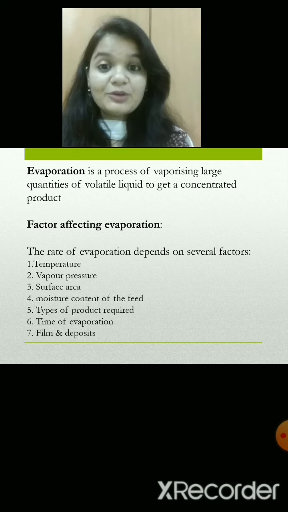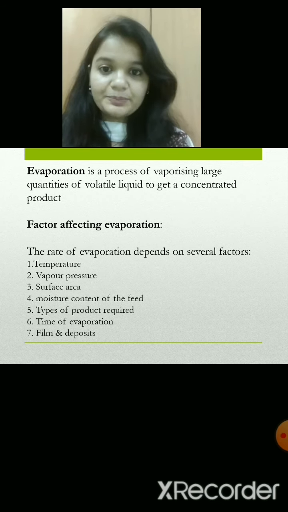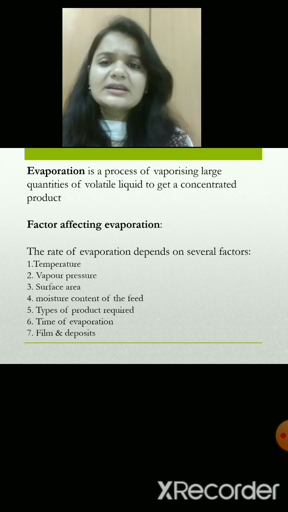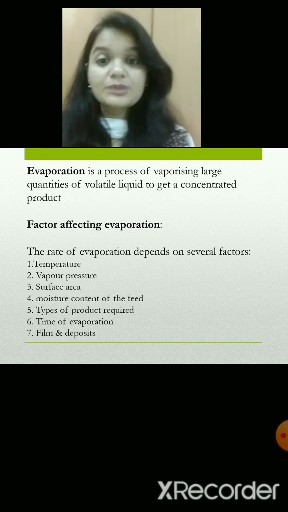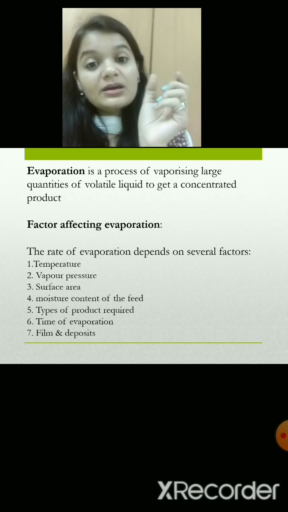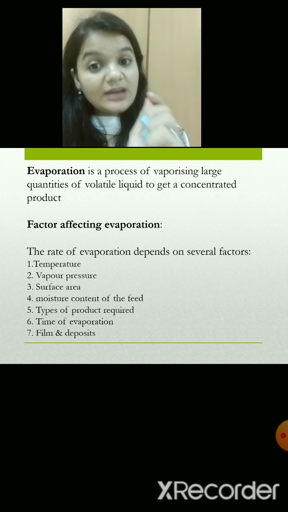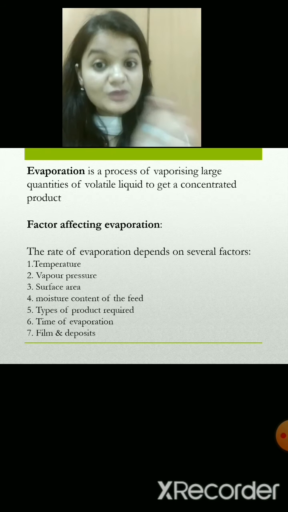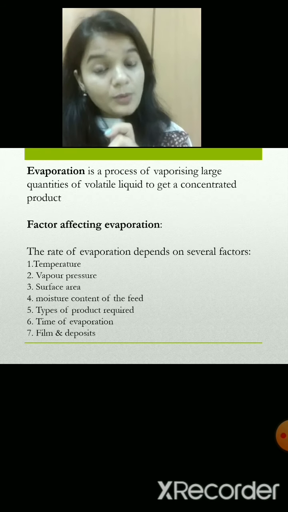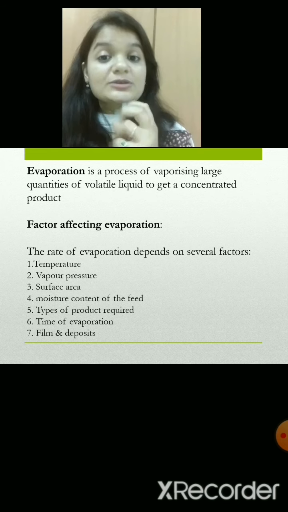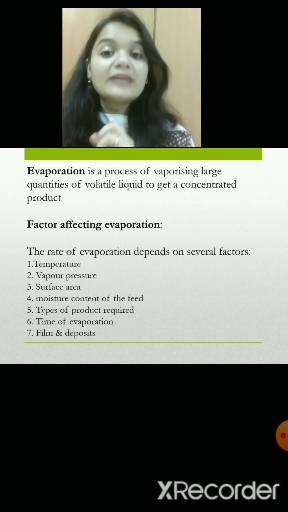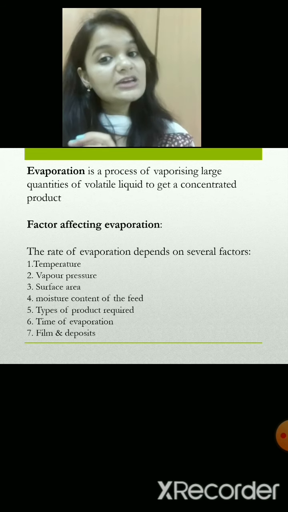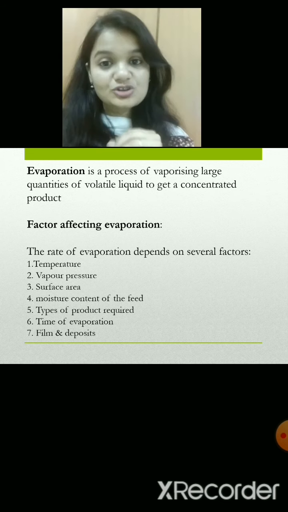Let's take an example of a liquid which is taken into a container, basically an open container, and it is exposed to any given temperature. Because of this temperature, the molecules present inside the liquid will collide with each other because of the random motion. So they will possess some kinetic energy, high kinetic energy molecules and low kinetic energy molecules.